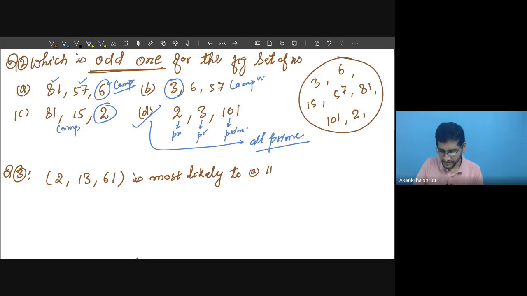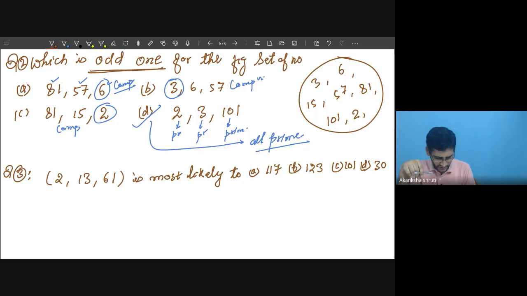A is your 117, B is your 123, C is your 101, D is your 3030. Yes, student, tell me.